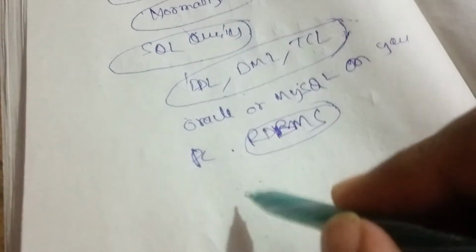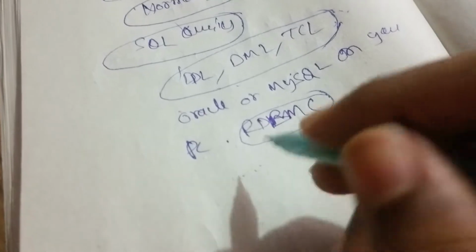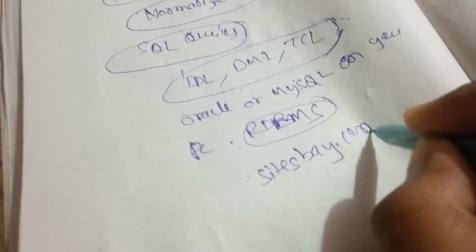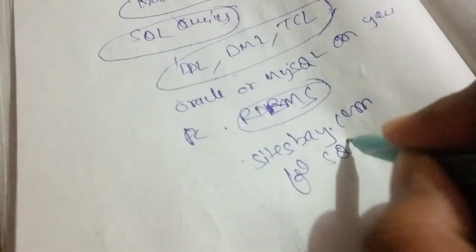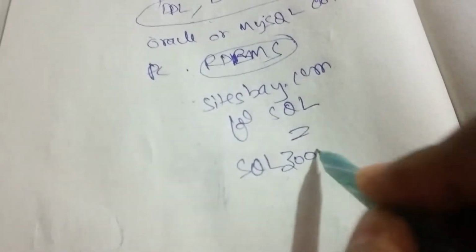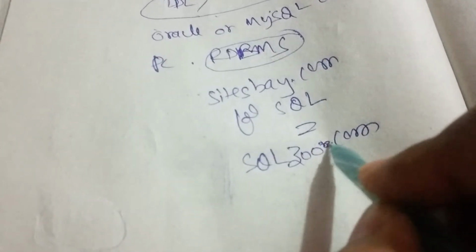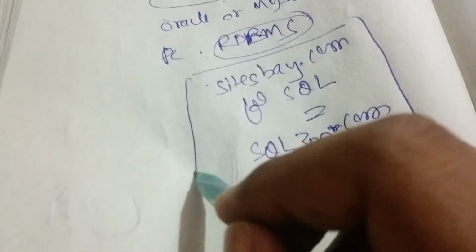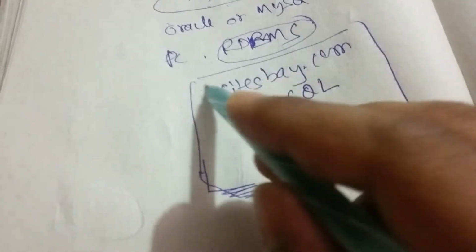For this, you can learn from the website sitesbay.com. I like sitesbay.com for SQL. You can learn SQL from there, or sqlju.com. This way you can understand these SQL queries a little more in a much easier fashion.